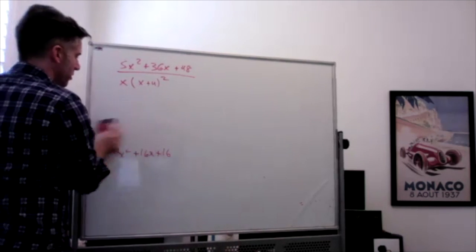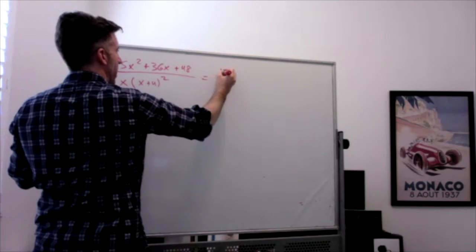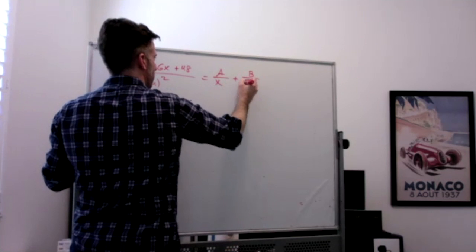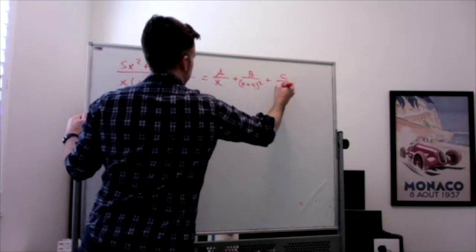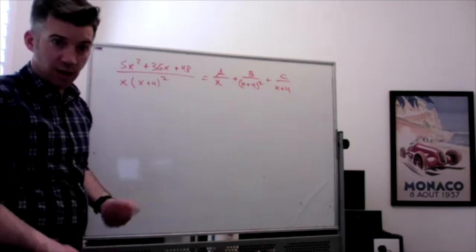So then we have to write that our fraction is equal to a over x plus b over (x plus 4) plus c over (x plus 4) squared. Multiply both sides by the common denominator.